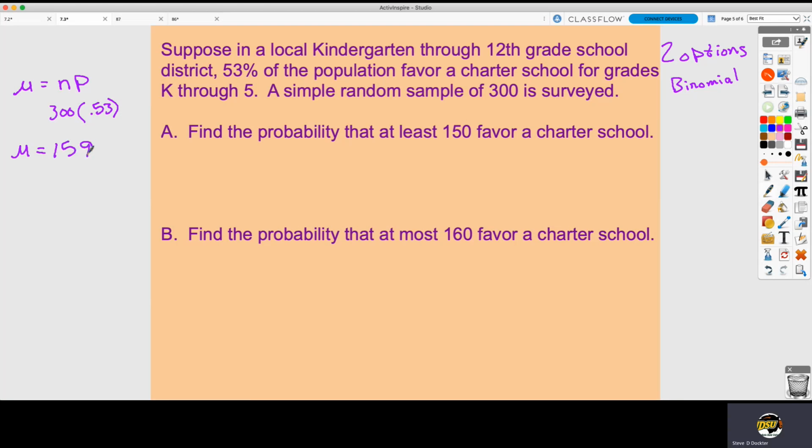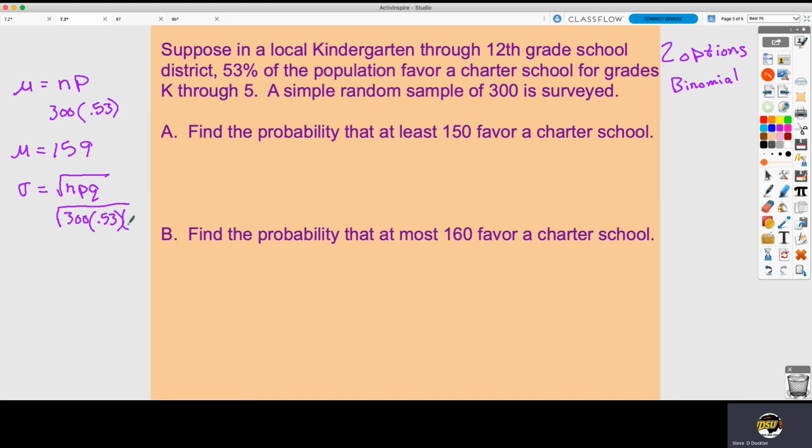All right. Our standard deviation for a binomial, that equation is going to be the square root of npq. What we said about our n is the sample size. Our p is the probability of a success, so that's 0.53.